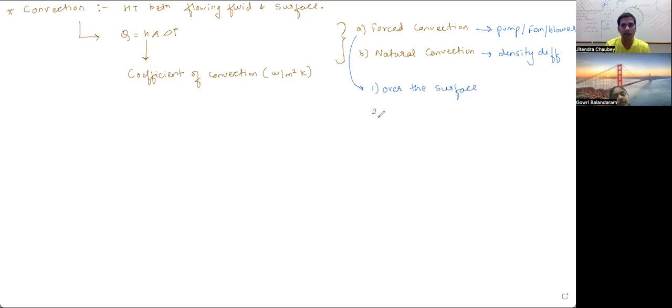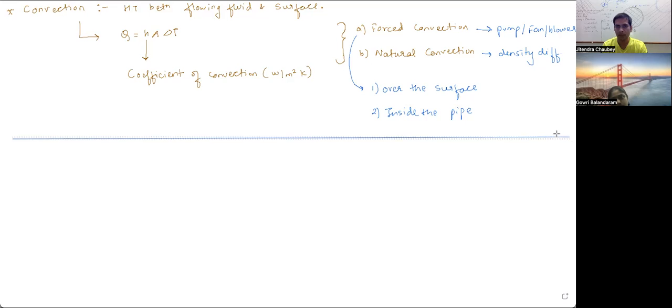And secondly, it will be inside the pipe or duct. So there are two kinds of arrangement wherein the fluid will be flowing, one over the surface and one inside the pipe. In order to find the coefficient of convection h, we will be talking about many dimensionless numbers.